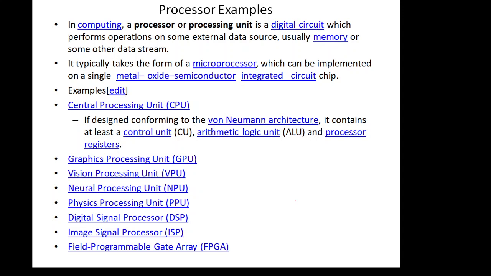So here this processor is going to perform operations on some data, whether it is a logical data, arithmetic data or relational data, whatever it may be. This processor is used to do all such type of things by making use of the data.